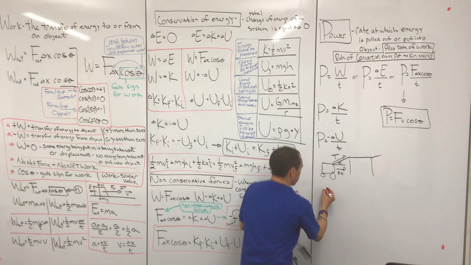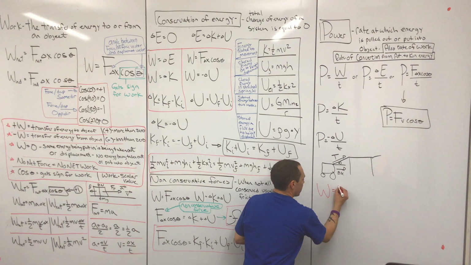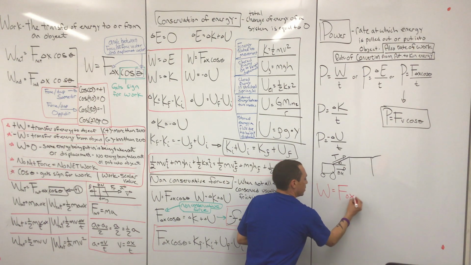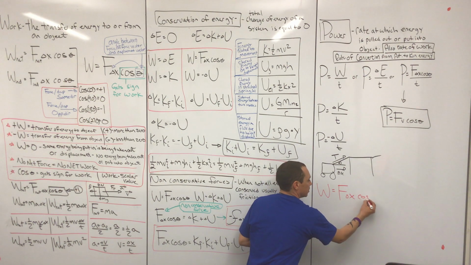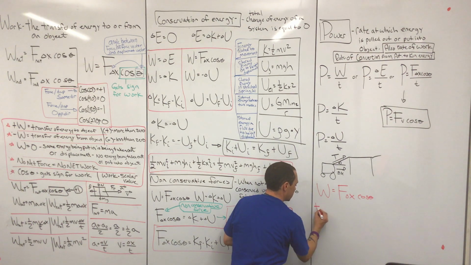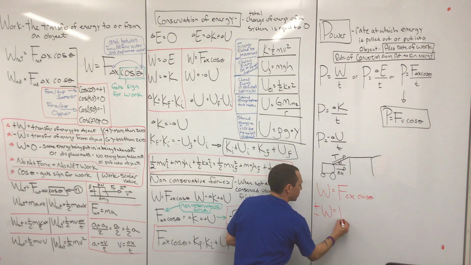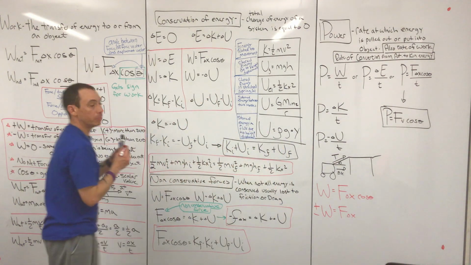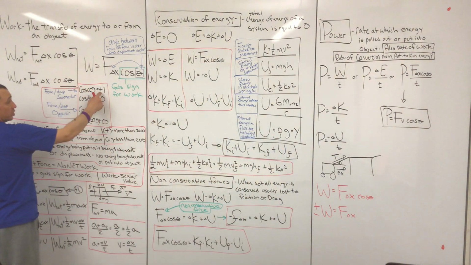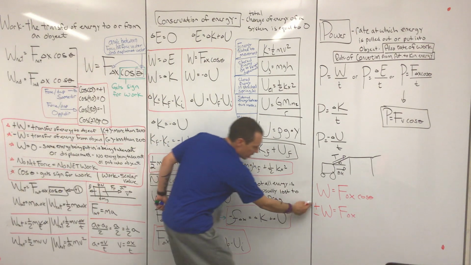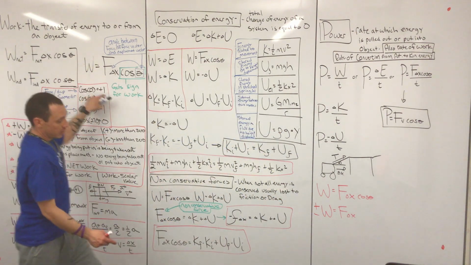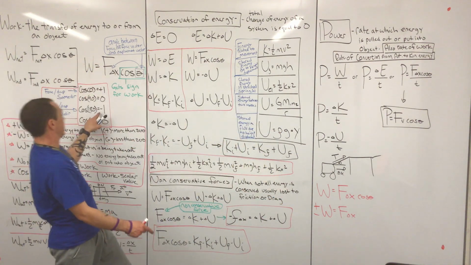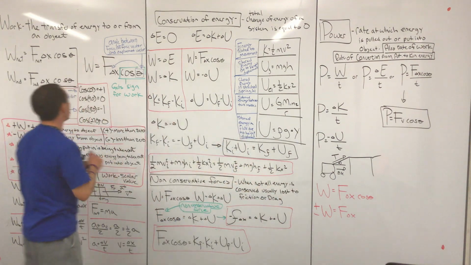Once I find cosine theta, I don't write it because it gets replaced with either a positive or a negative in front of the work. You don't want them both. So once I get that sign, I write it out here. If it's positive, I write a positive. If it's negative, I write a negative.